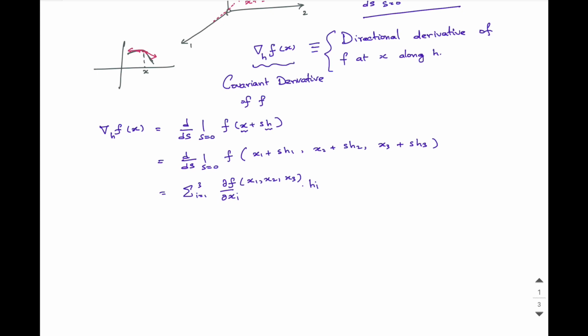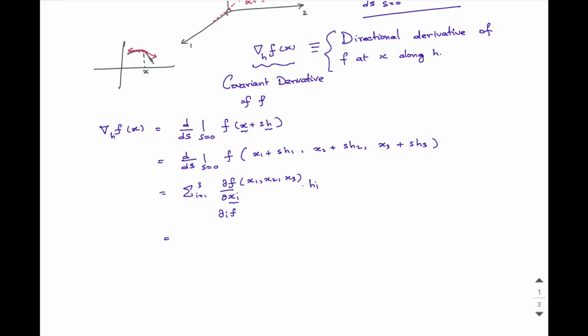This symbol is actually not a very nice symbol mathematically speaking. If I write f as a function of y, then you should write partial f by partial y_i, and so on. So a much neater notation is to represent it as partial_i f, with the idea that if i is 1, it means I take the derivative with respect to the first variable; partial_2 f is the partial derivative of f with respect to the second variable, and so on.